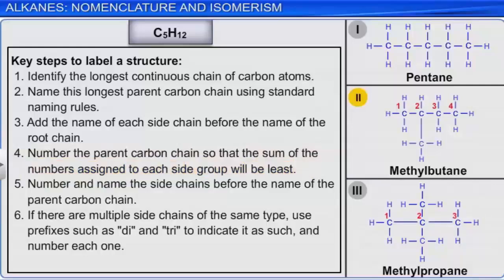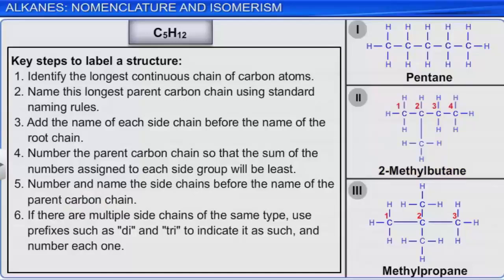In structure 2, the carbon atoms are numbered 1 to 4 with the substituent alkyl group at carbon atom number 2. In structure 3, the carbon atoms are numbered 1 to 3 with both the substituent alkyl groups attached to carbon atom number 2. Then, number and name the side chains and write as prefix to the name of the parent carbon chain. With this, we have named structure number 2 as 2-methylbutane.